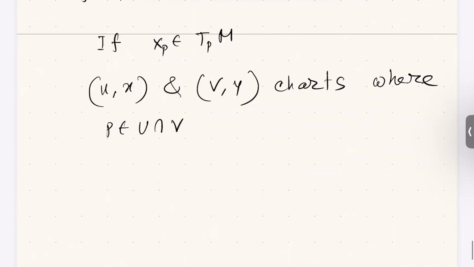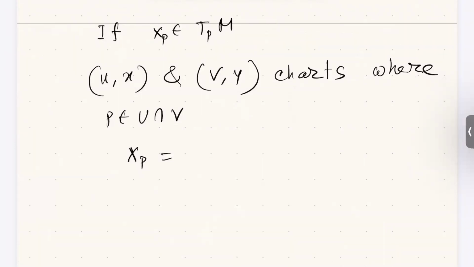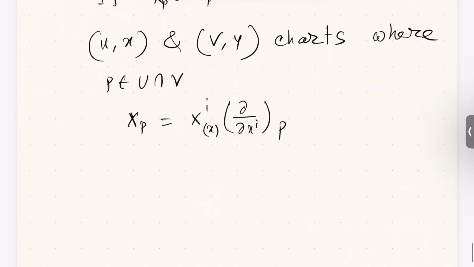Now I can write xp by some xi in the x coordinate system, xi x del xi, and I can also write xi y in the y coordinate system, del yi, right?